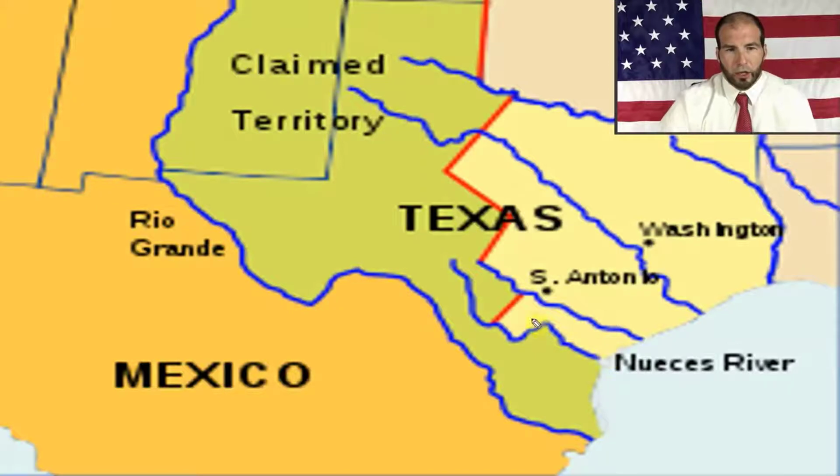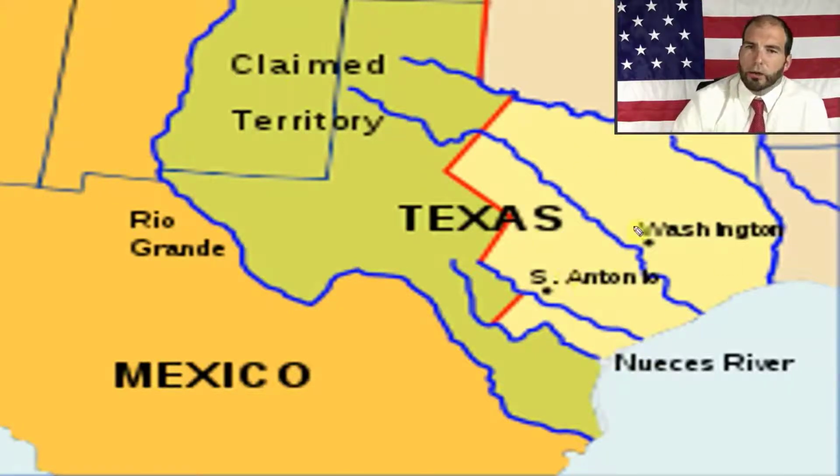All right. So the yellow area here in Texas is Texas territory. This is claimed territory. Like, this is an area where, yeah, it's going to be Texas. Nobody lives there, but eventually that'll be Texas. Mexico's like, I'm not so sure. Specifically, the bottom of Texas is disputed.